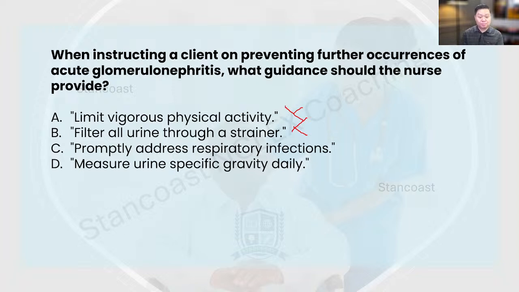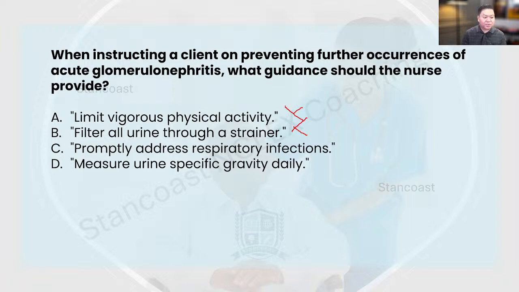So when you answered promptly address respiratory infections, this is a good instruction so that those recurring infections will be prevented. There is proper treatment with the recommended antibiotics in order to prevent further damage to the kidneys.